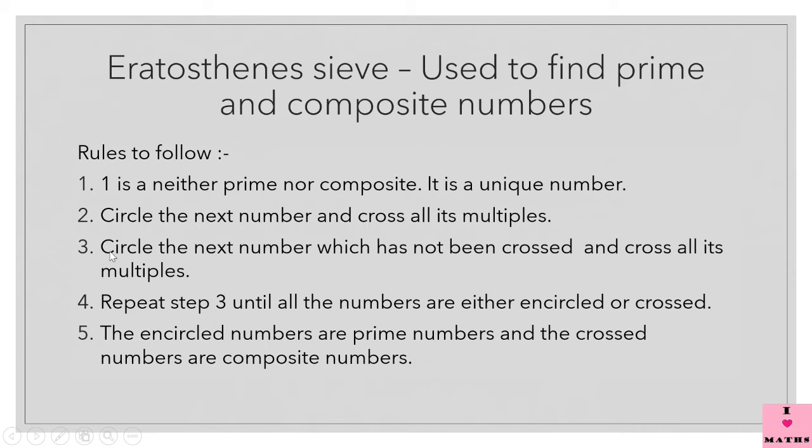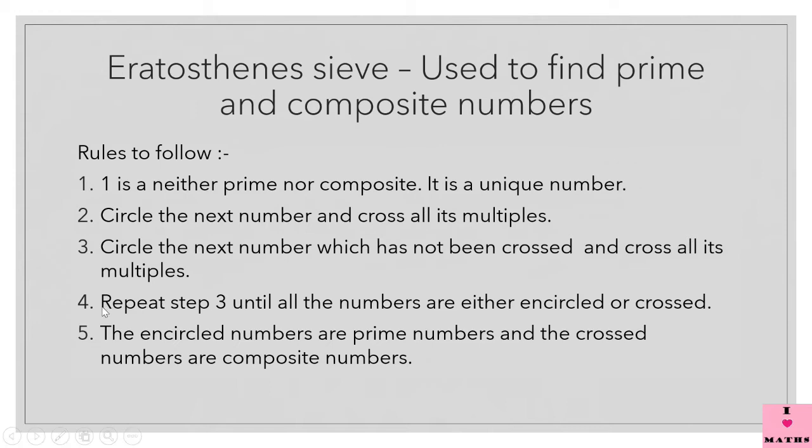Third step is circle the next number which has not been crossed and cross all its multiples. Now children, after 2, the next number is 3. So we have to circle 3 and we have to cross all the multiples of 3.